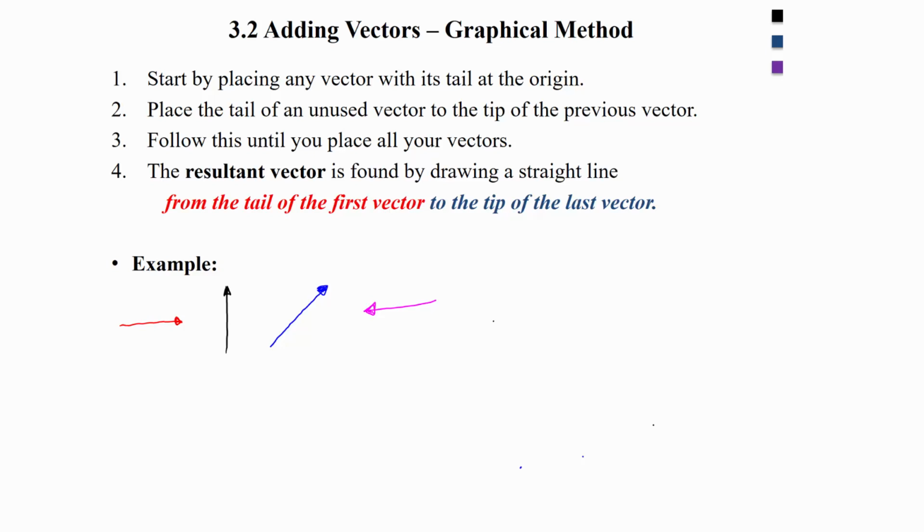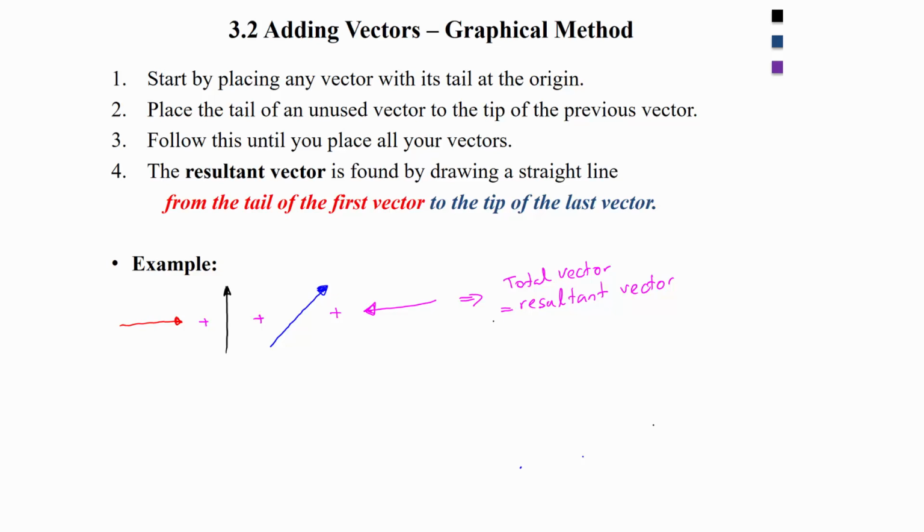What I want to do is add these four vectors together so that you can find the total vector, or resultant vector. So the total vector is the resultant vector.